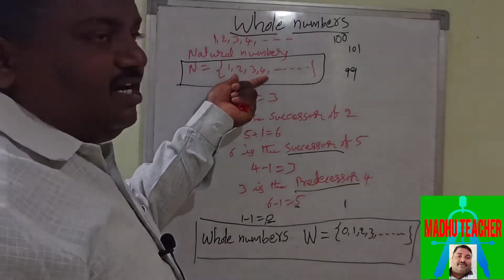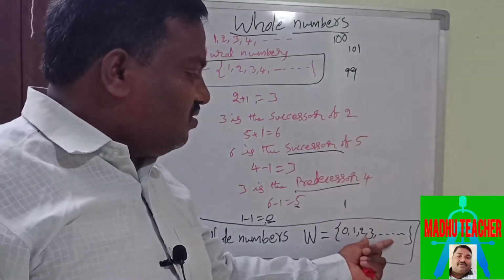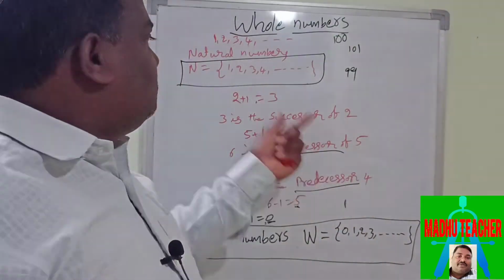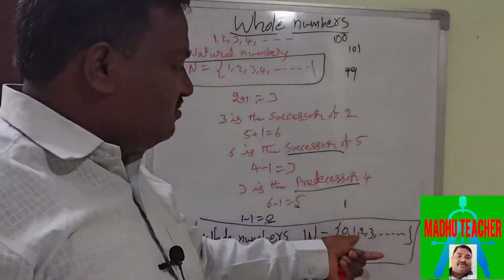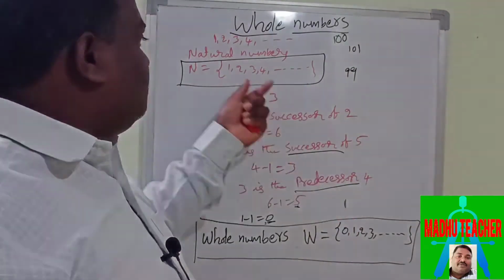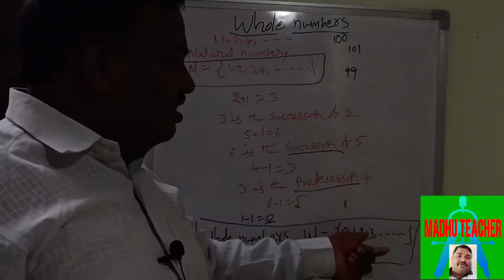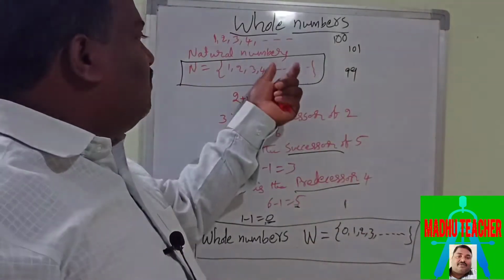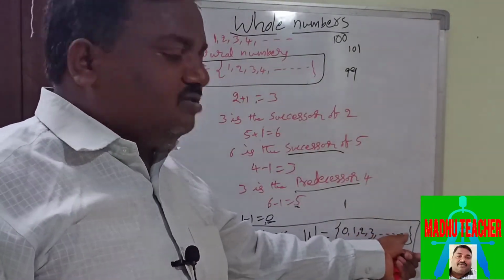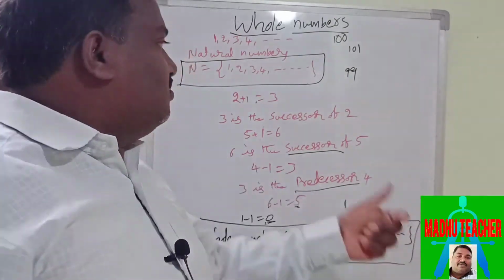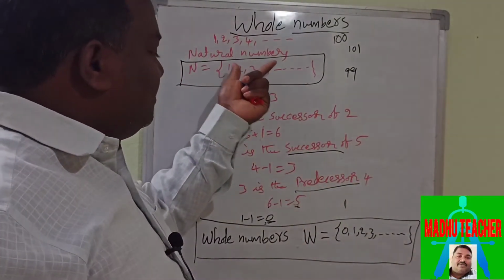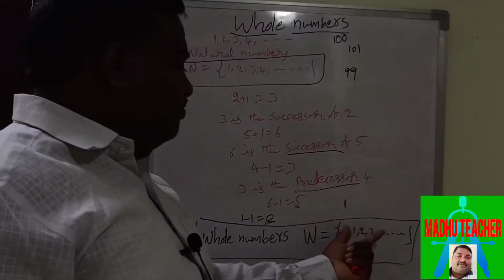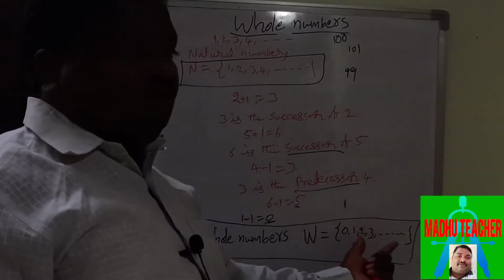Every natural number is in the whole numbers. 1, 2, 3, 4, 5, 6 and so on are in both. So all natural numbers are whole numbers.